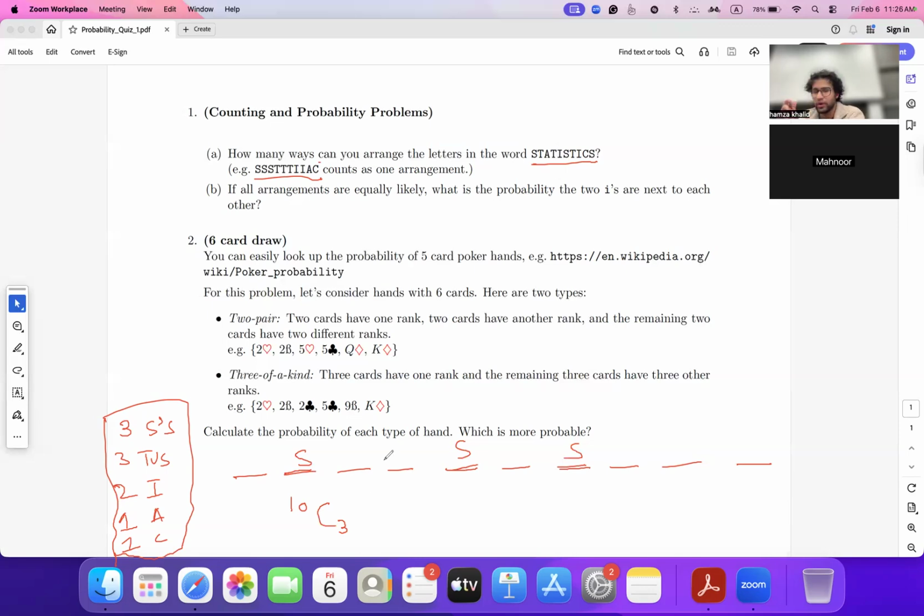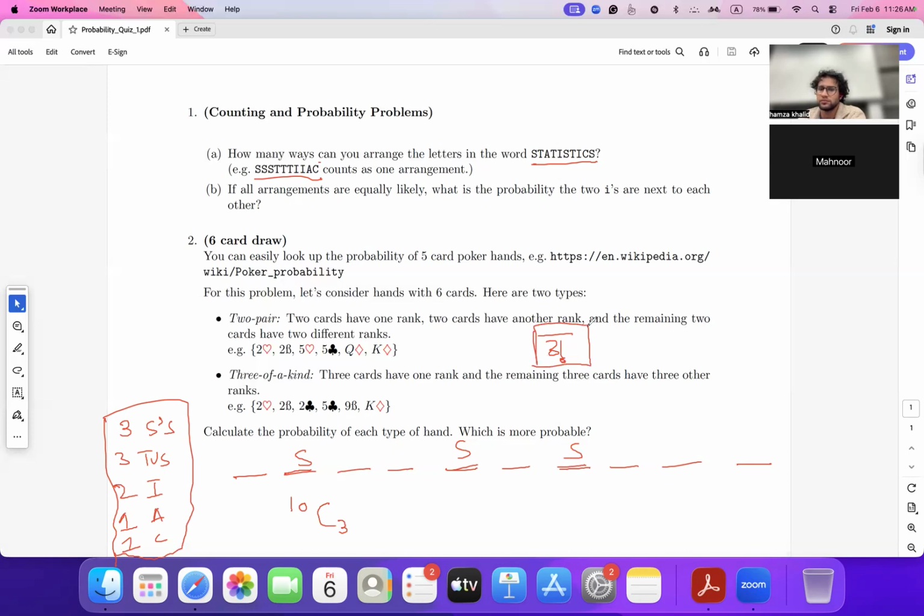Okay, let me ask you this. Now these three S's are identical to each other, right? Yeah. So where is my 3 factorial, the division by 3 factorial? Should there be a division by 3 factorial?